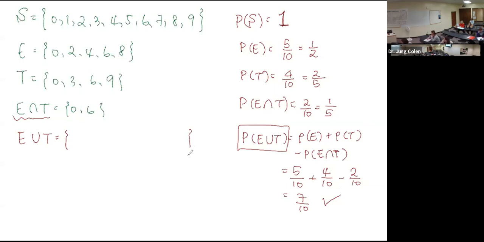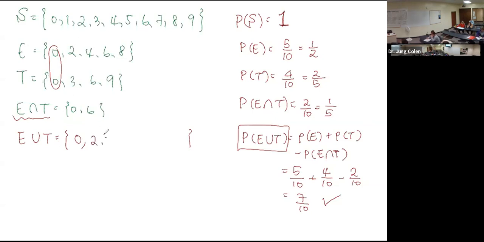If you want to list it, you can get the same result. So if you are listing E union T, I see 0 is still the same, so we just write it once, right? E union T means it's either in event E or event T. So it can be in either.